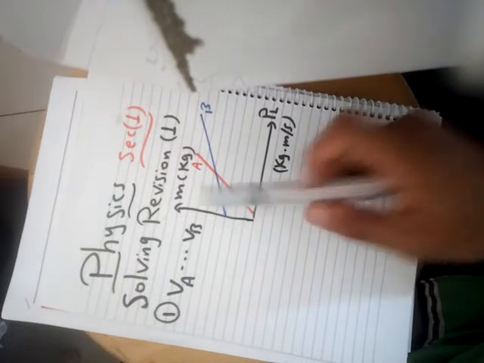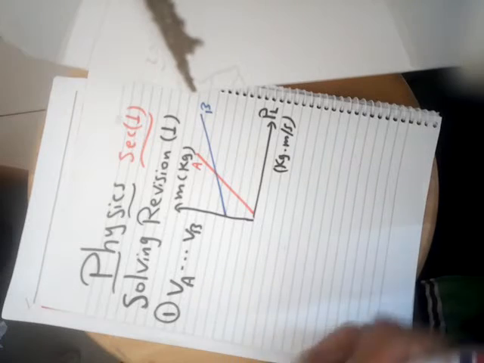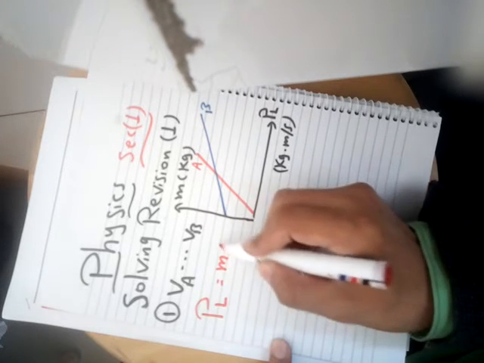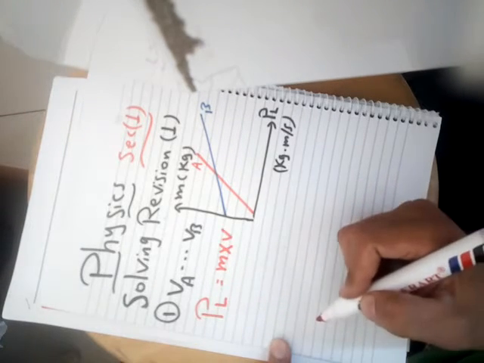Okay? Firstly, we must know that for any graph, you must know what is the physical quantity determined from the slope. The relation between mass and linear momentum is linear momentum equal mass by velocity.